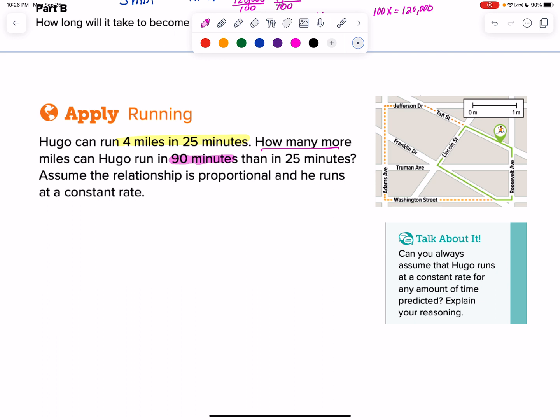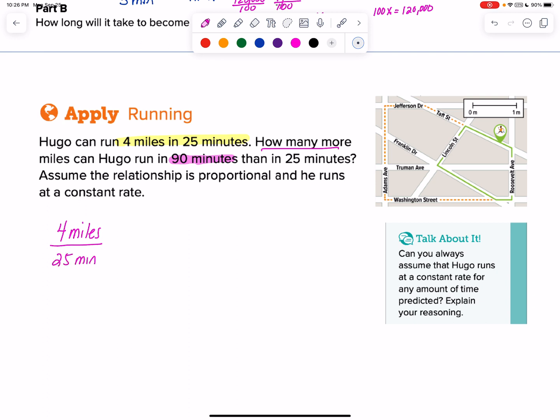So let's start by writing our original ratio. Do you want to go miles per minute or minutes per mile? You should probably do miles per minute because that's the order that exists there. So we have 4 miles per 25 minutes.